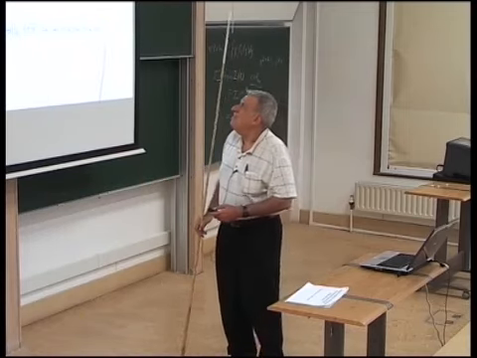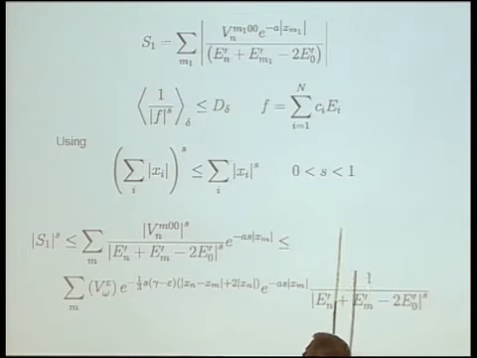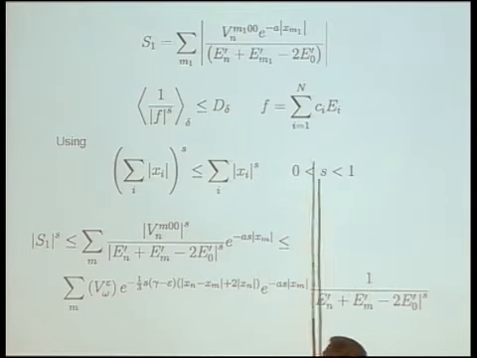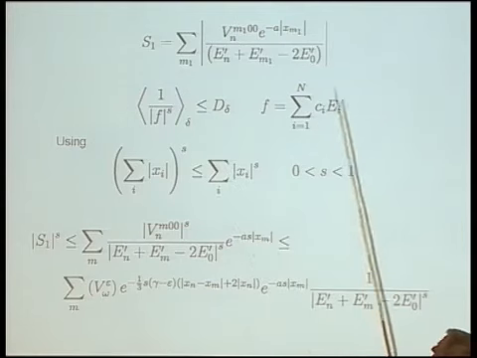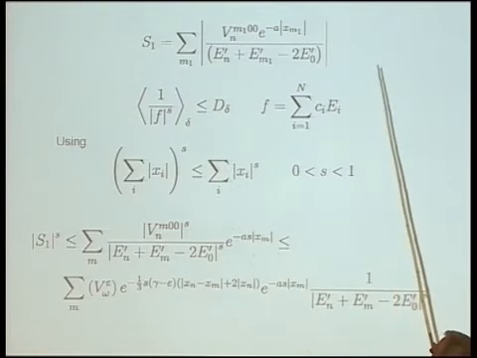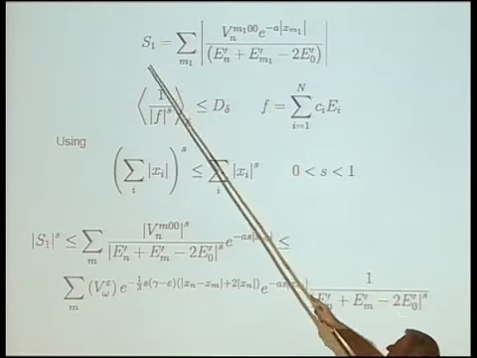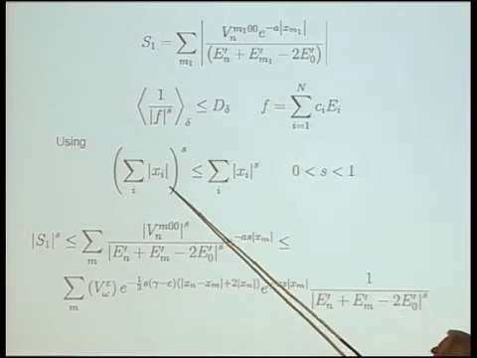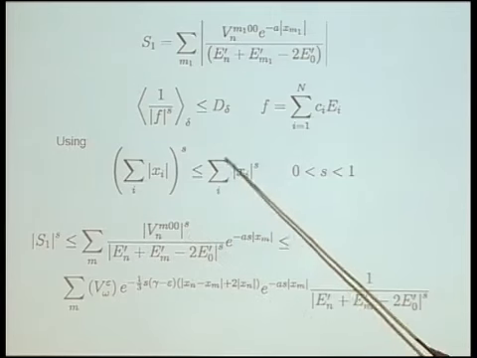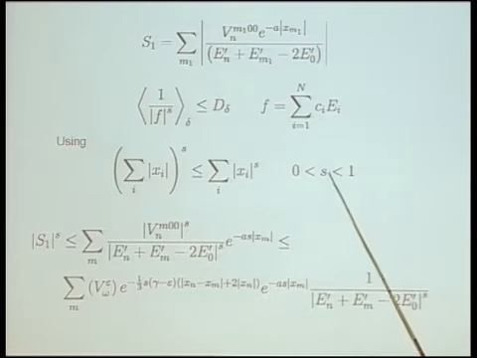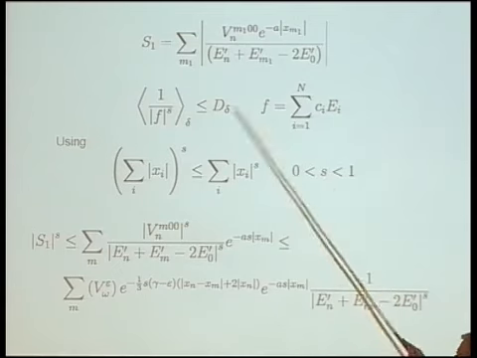And then, going further, we have to bound a term of this form. So we will bound this quantity to the power s, where s is between 0 and 1.